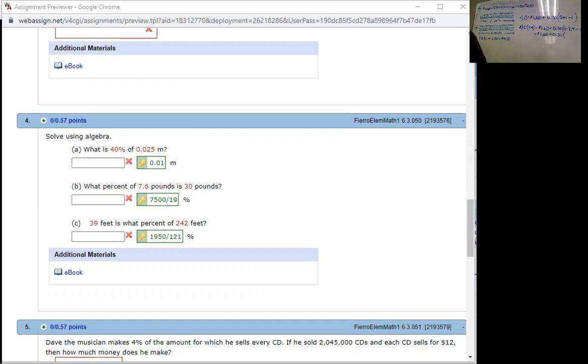And what I'm going to do here is, let's see, 5 times 7.4. That'd be 37. 37 minus 1 would be 36.